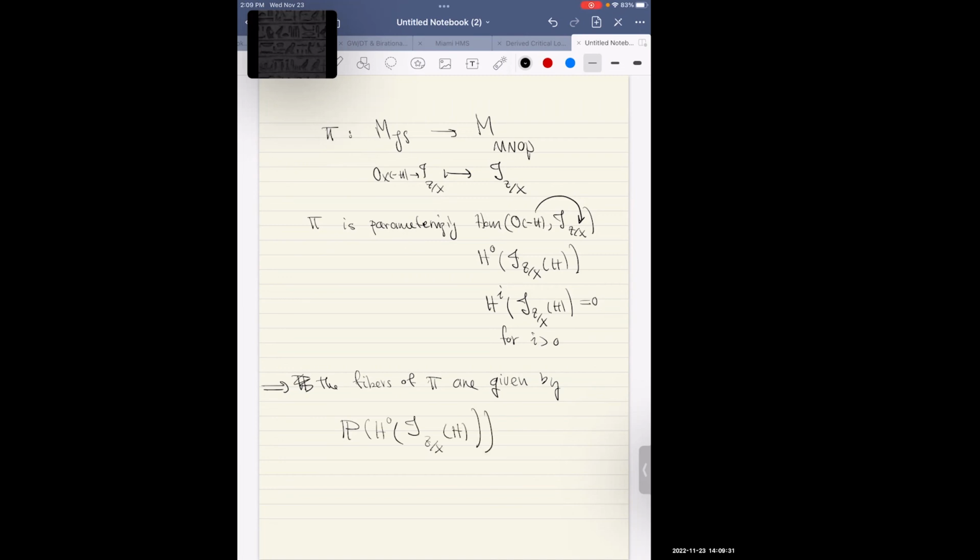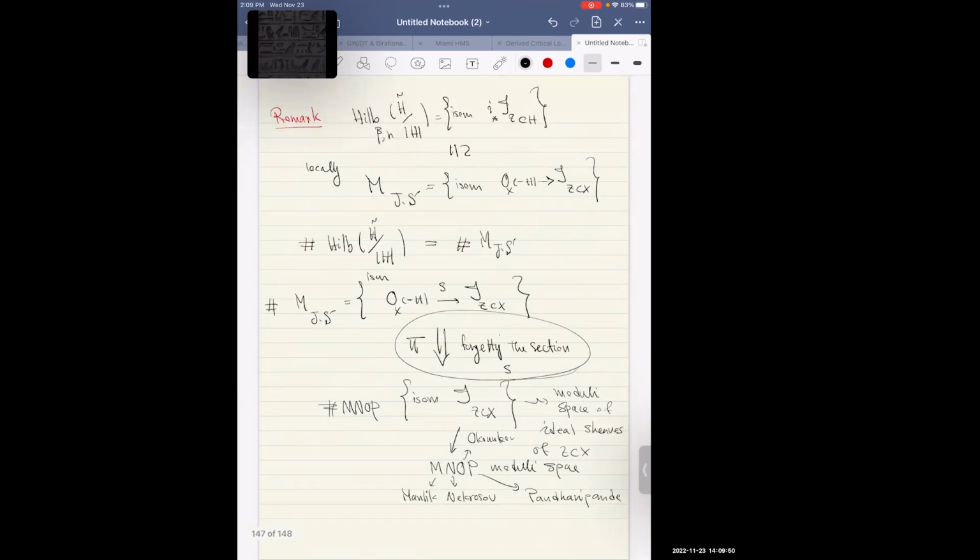That's what it is. It's a vector space and it doesn't change because it's flat everywhere, because higher cohomologies of I_Z of X twisted by H all vanish. This is really remarkable because the dimension of these fibers do not change.